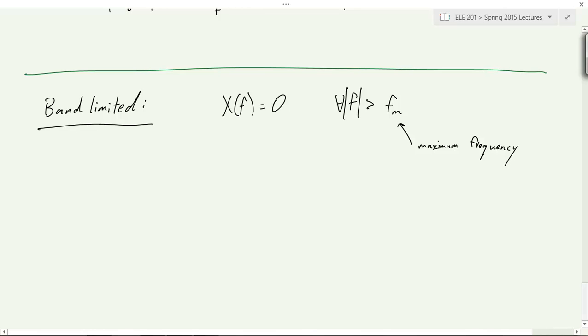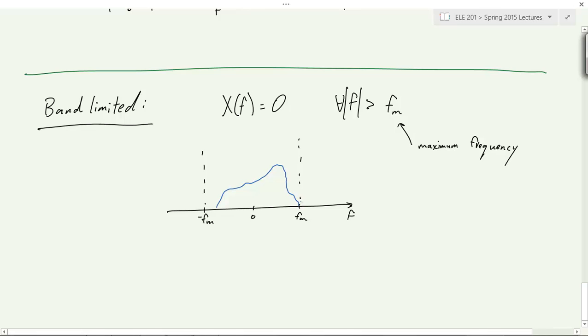If you do, then let me draw what this band limited means. If you plotted the spectrum here, you have your maximum frequency, and it's just saying that the Fourier transform lives within this band and is 0 outside.